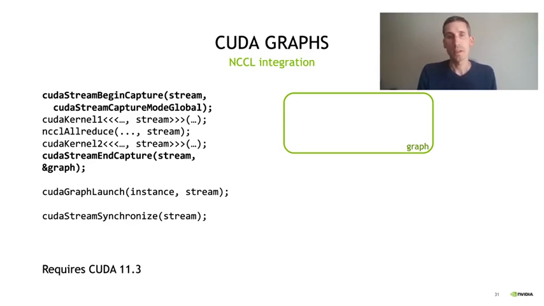And so capturing NCCL as part of the CUDA graph would start with a simple cudaStreamBeginCapture, which would create a CUDA graph object, and then capture everything that we launch between the cudaStreamBeginCapture and the cudaStreamEndCapture. And that is now what happens, as every call will be captured, be it a simple CUDA kernel launch or an NCCL launch, it will be captured as well.